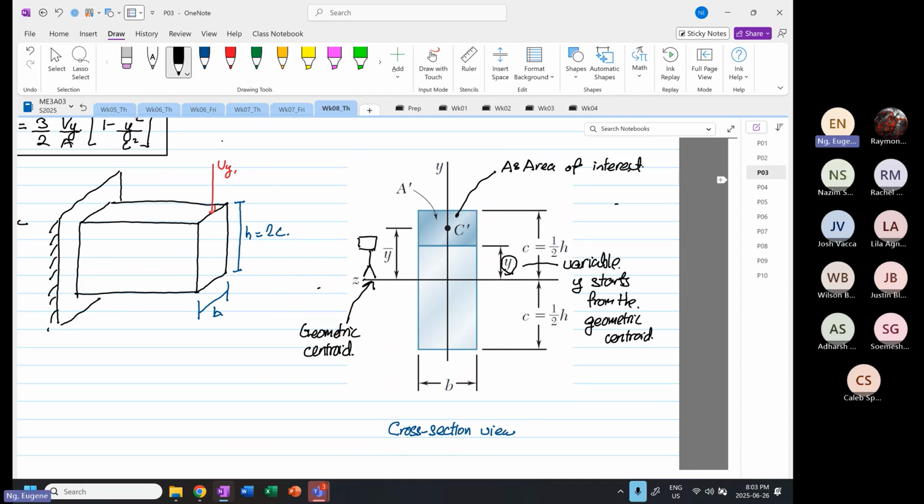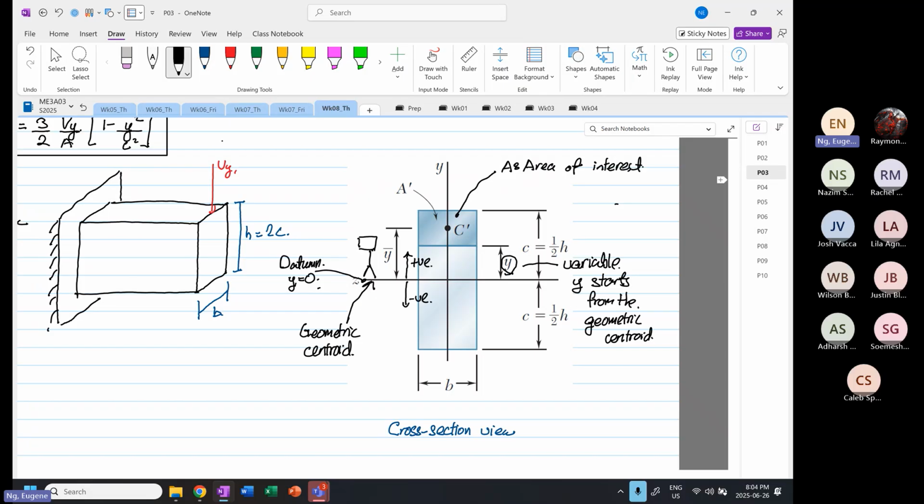So at the geometric centroid, y is equal to what? 0. Okay, and when it's going upwards, it is positive. When it's going downwards, it is negative. Going upwards is positive. You can flip it around later on once you're comfortable with the expressions, entirely up to you.